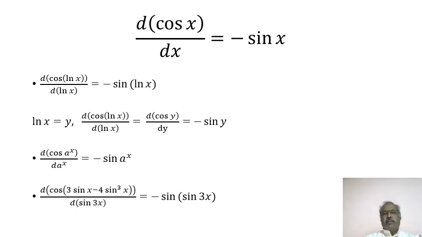And you can use that to frame a question like d cos of 3 sine x minus 4 sine cube x. Many students are afraid to see such long expressions. There is nothing to be afraid of. Most of these things are paper tigers. So you can see that the derivative of this expression would be negative of sine of sine 3x.